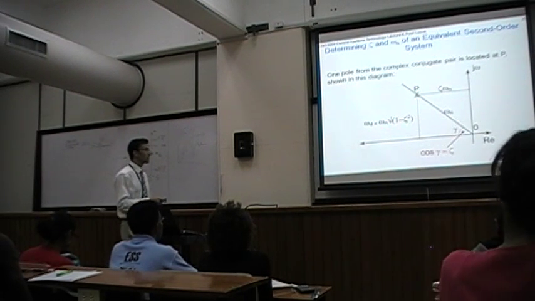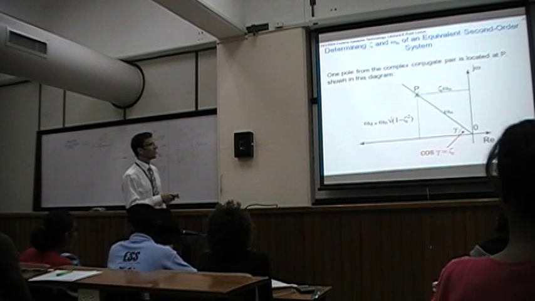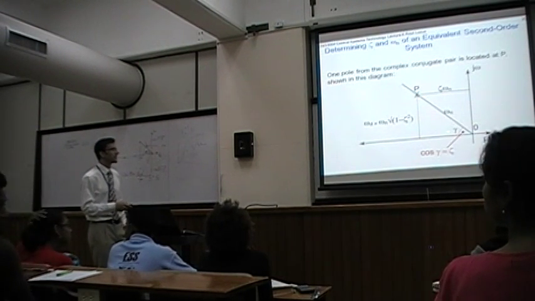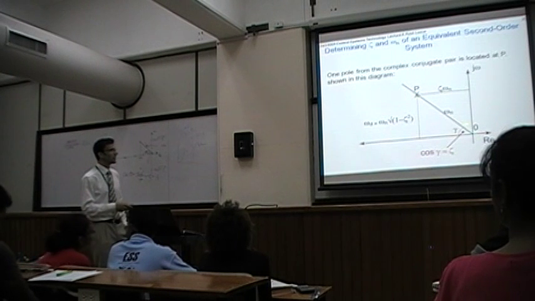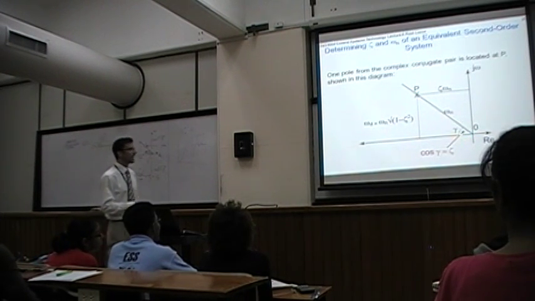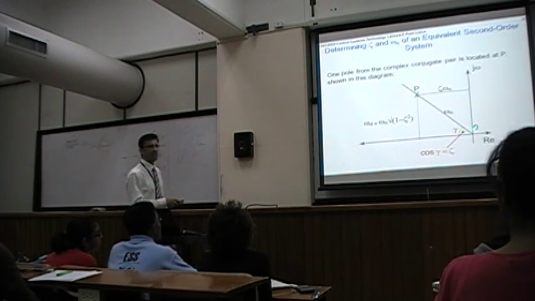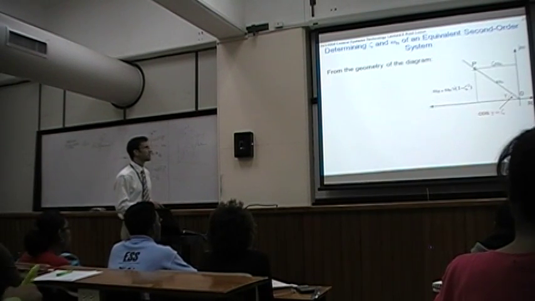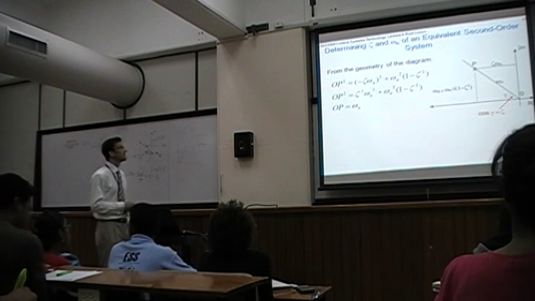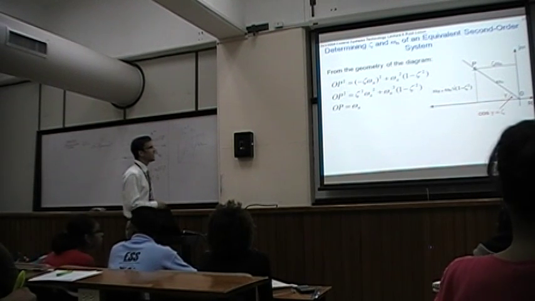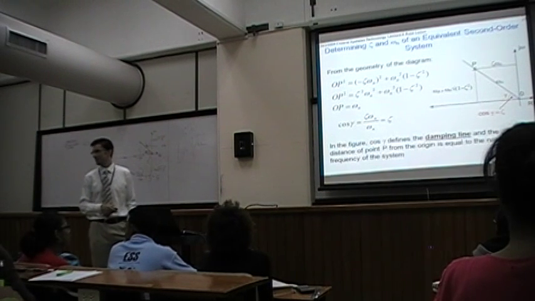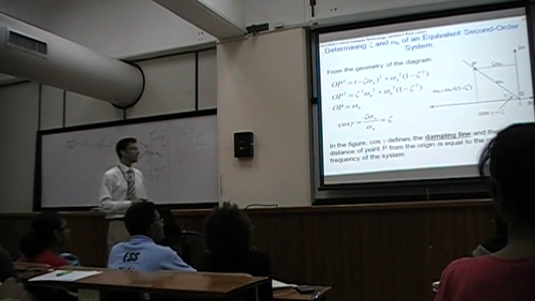So our damped natural frequency is the imaginary value of the location of P. And then, as we just did, we can calculate the length of this line as omega n, and cos of this angle equals our damping ratio zeta. I think we've done all this already, what we just did on the board, but it's there in the notes.